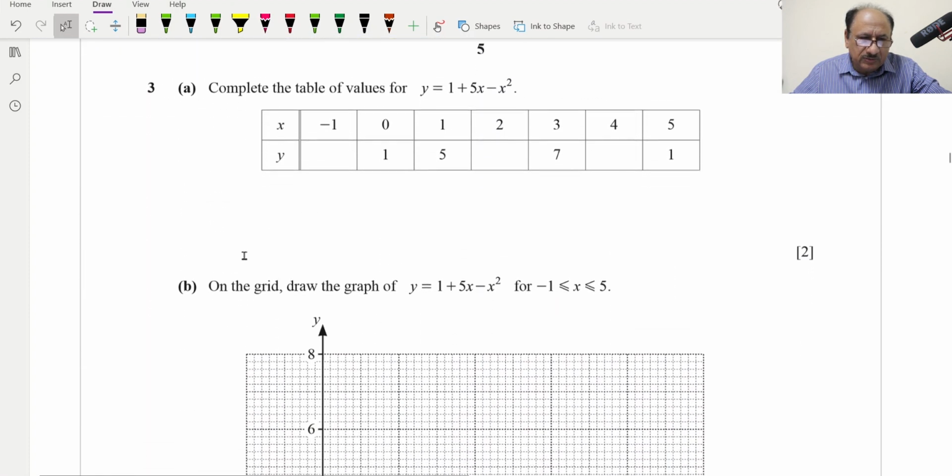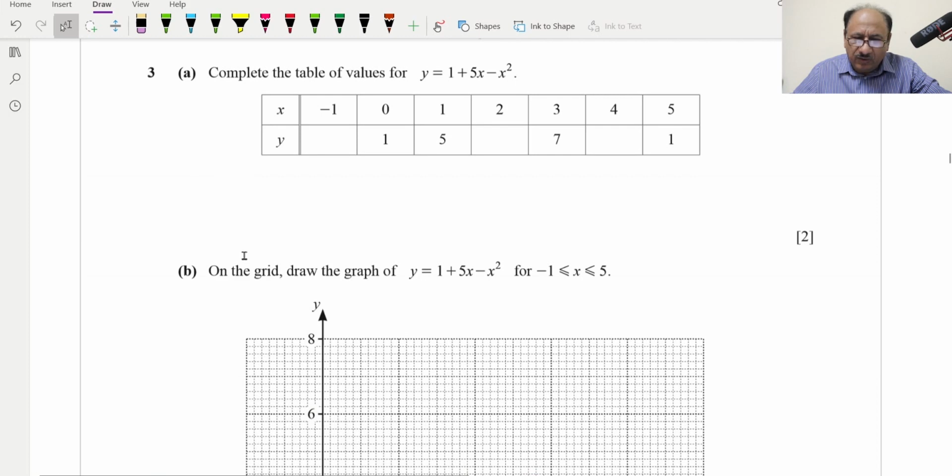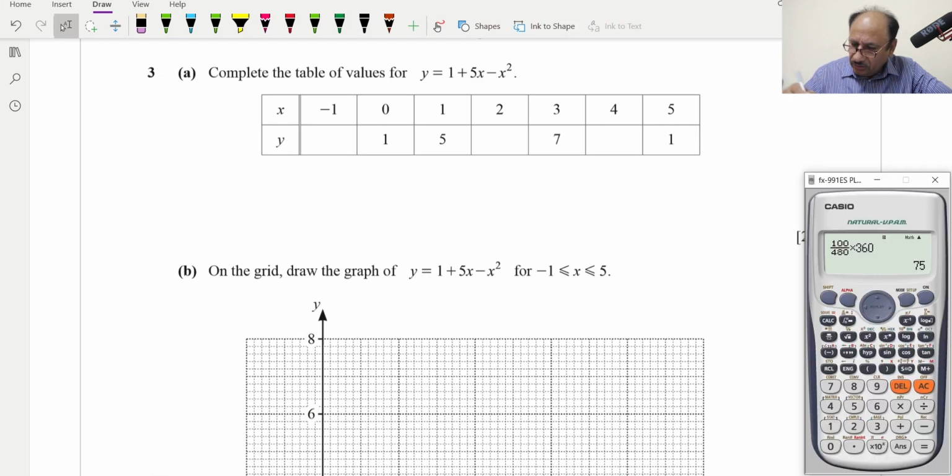And now question number 3, complete the table of values for y is equal to 1 plus 5x minus x square. Now how will I do it with the calculator. I'll be solving this question with the help of a calculator, because sometimes we are given a very complicated or difficult equation, so it is better to use a calculator. I write 1 plus 5x minus x square.